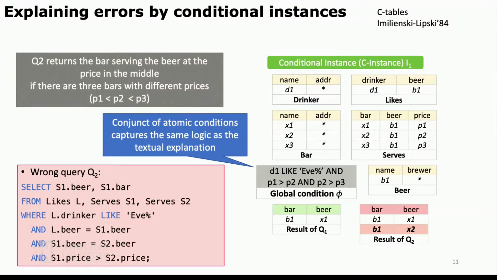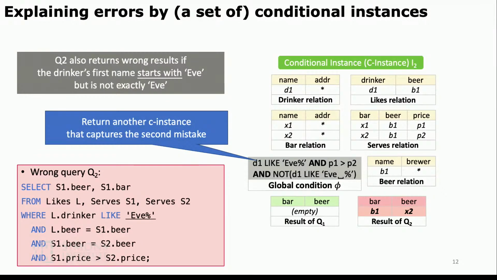If something does not matter, we have a star, and we have a global condition here. The global condition says that if there are these three distinct prices, then this conditional instance will differentiate the correct query and the wrong query. Note that we are not starting with a database now; we are differentiating two queries.